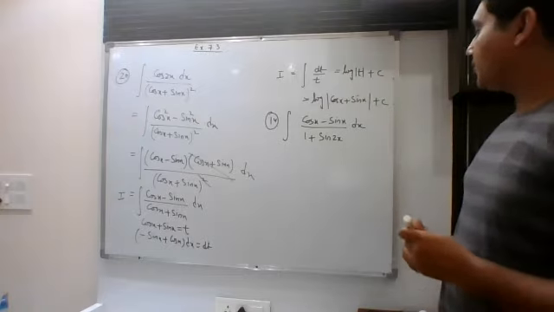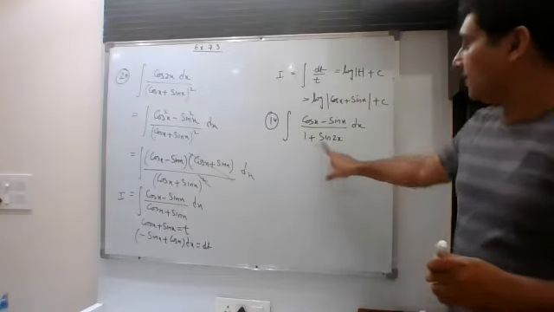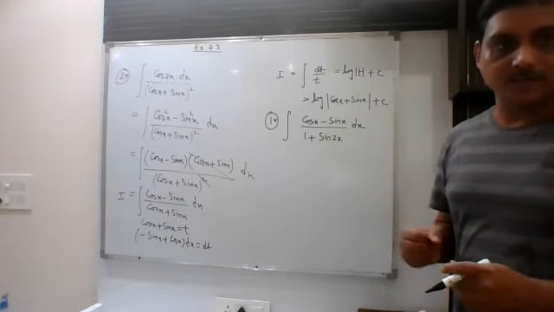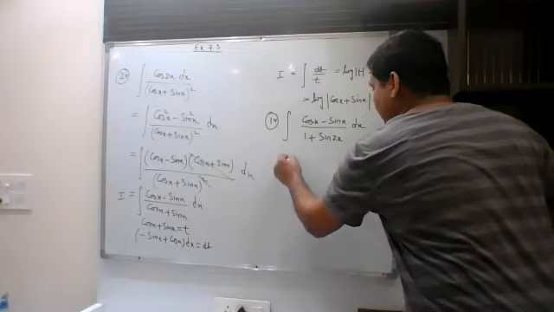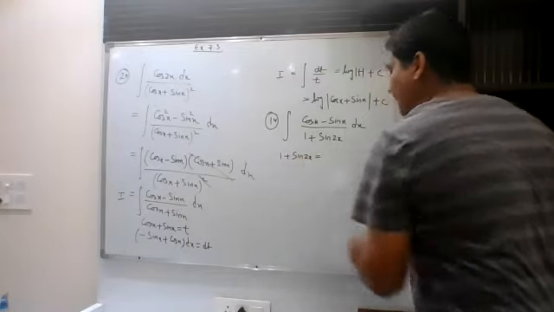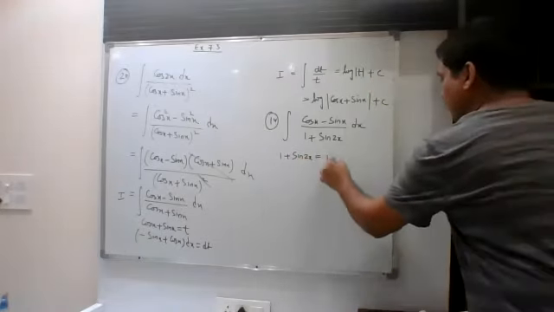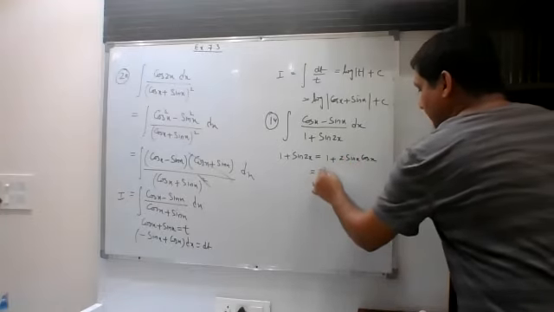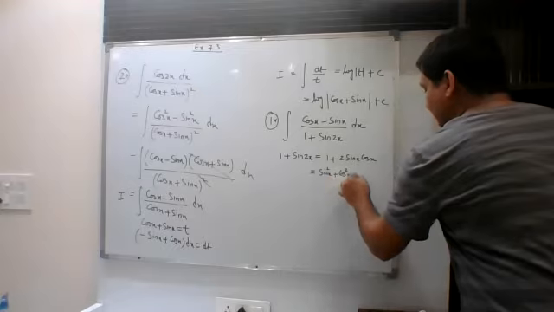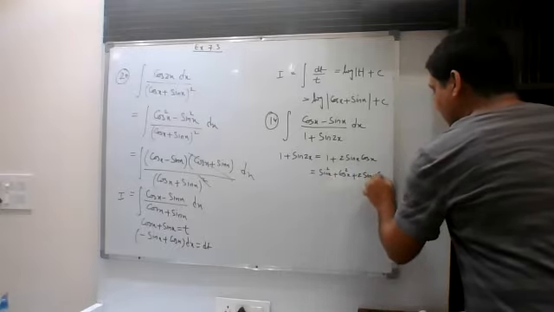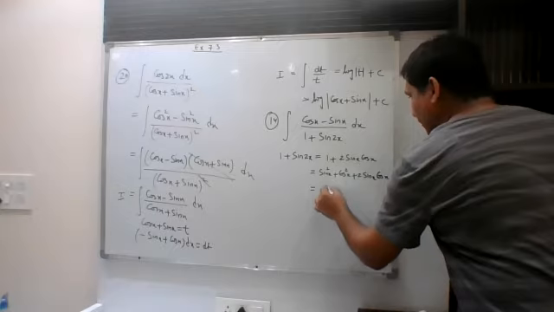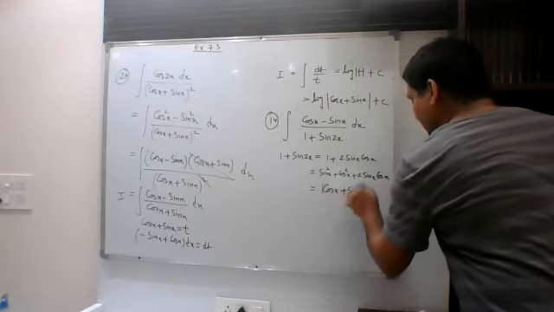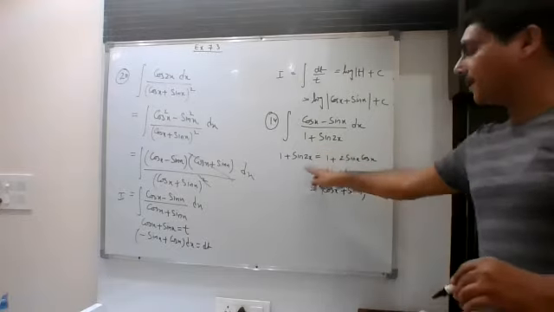In this 14th question, if you consider the denominator separately, I can consider this 1 plus sin 2x and rewrite it as 1 plus 2 sin x cos x. Now this 1 can be written as sin square x plus cos square x. Now it will be the perfect square (cos x plus sin x) whole square. This is how we can write this denominator.